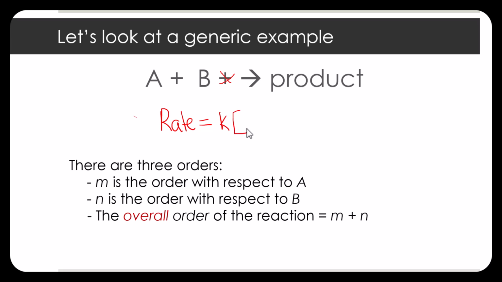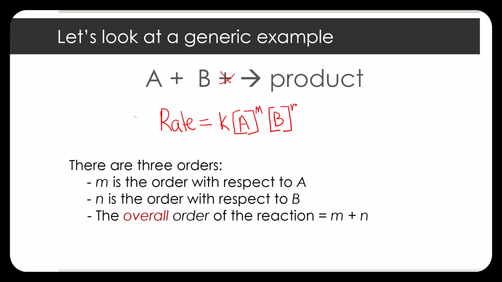Then I would do the concentration of my first reactant raised to some order, times the concentration of my second reactant raised to its own order. Okay, so that's the general outline for the rate law equation, where, oh, I used the wrong letters. Let me change this a little bit.